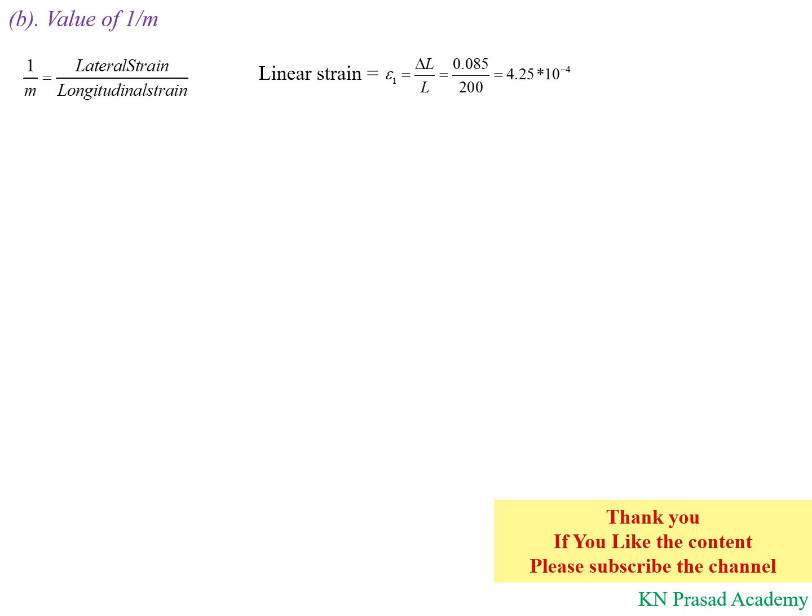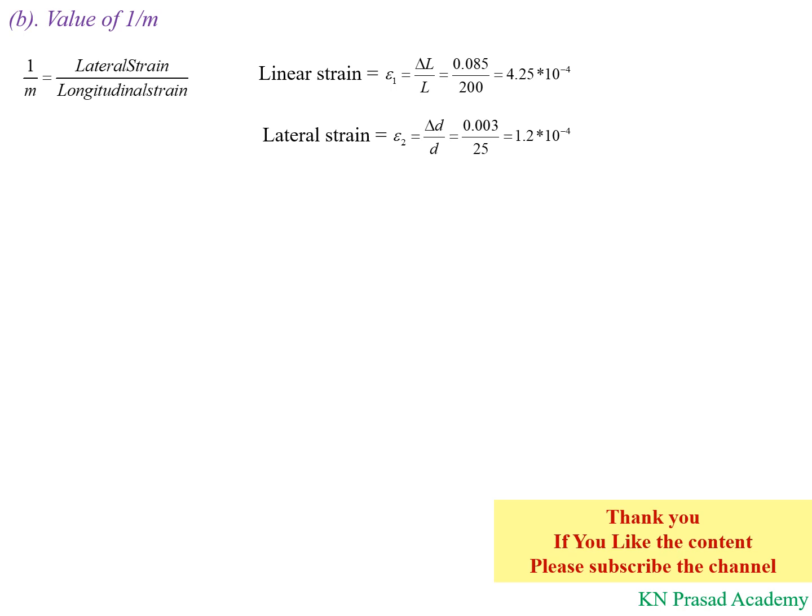Similarly, next we have to determine the lateral strain. Let us consider epsilon 2, that is the change in diameter divided by the original diameter. The change in diameter is given as 0.003, and the original diameter is 25 mm. From this we get the lateral strain, epsilon 2, equal to 1.2 into 10 to the power of minus 4.